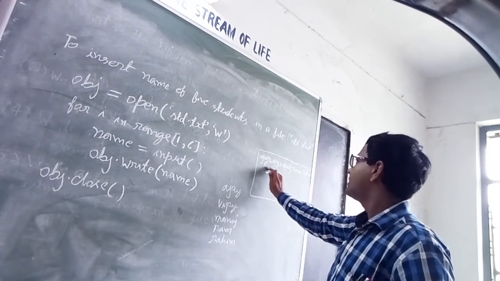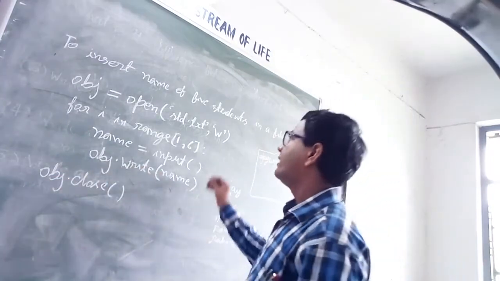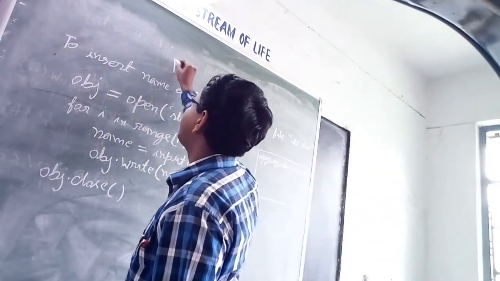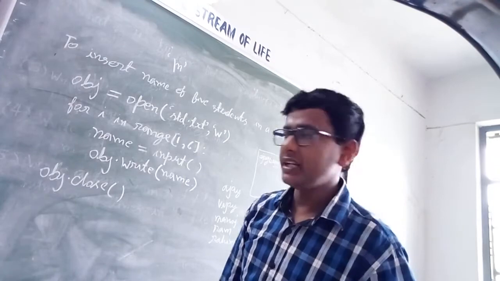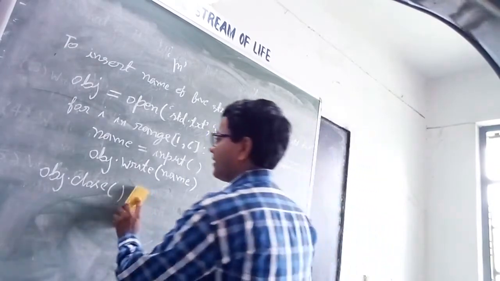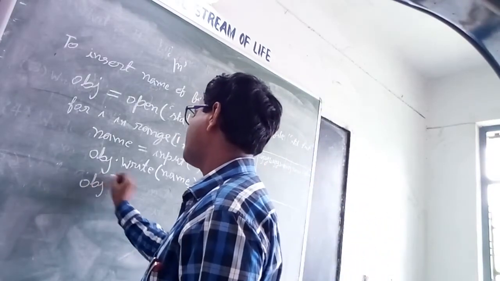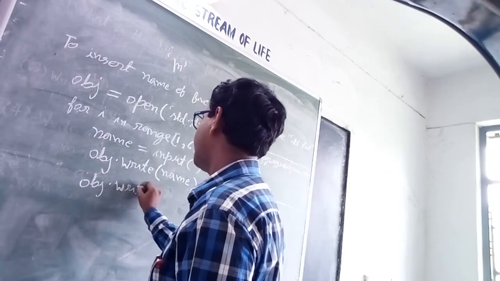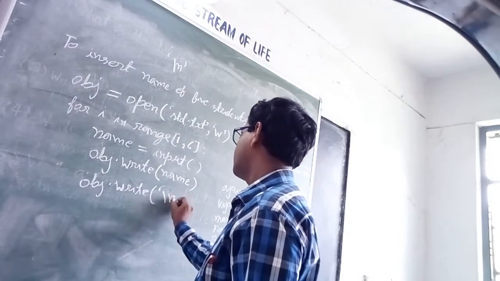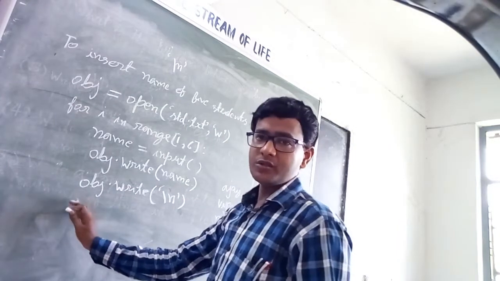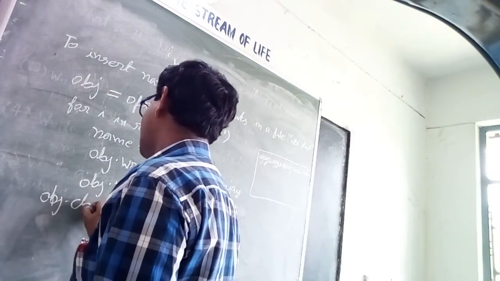It is not useful. Hence, we have to insert a new line character \n after each entry. For this, we write a next line here: obj dot write \n, and then close our file, obj dot close.